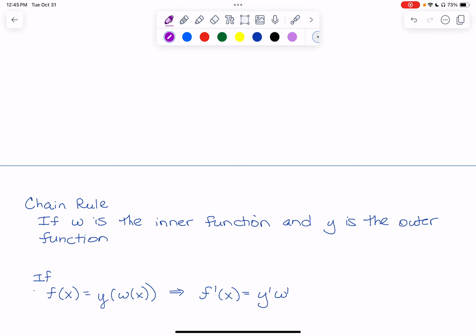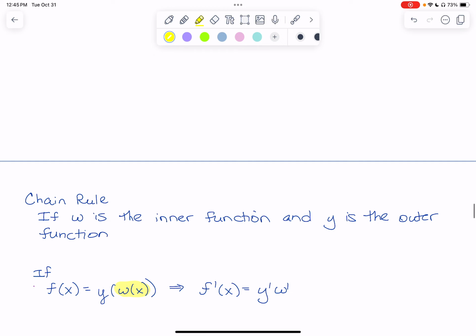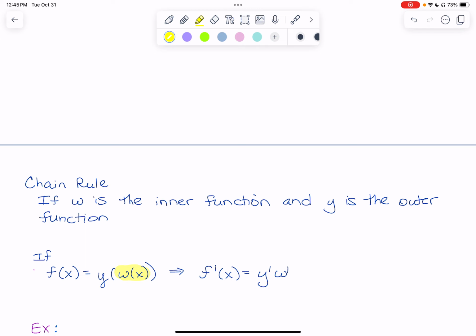So that's that composite function, all right? So you can notice there that w is my innermost function and y is my outermost function. Then my derivative of f is going to be just y prime, w prime, or the derivative of y times the derivative of w. So it's not too bad at all to try and figure that all out, right?